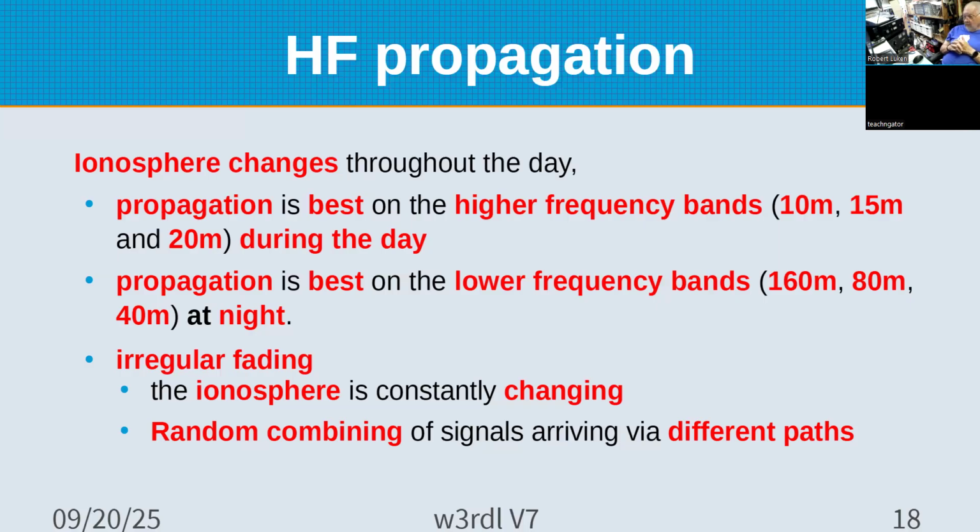It's even possible to have a signal come back via what we call the long path. So the short path would be from you to, say, a quarter of the way around the world. The long path would be from you in the opposite direction, 3/4 of the way around.